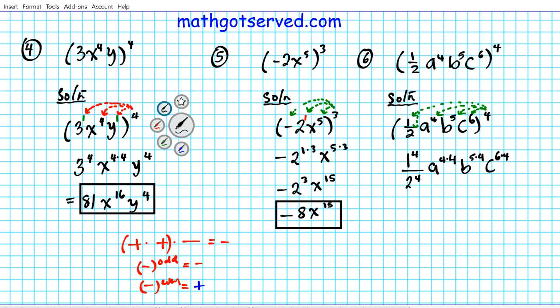If we simplify that, 1 raised to the 4th power is just 1, 2 raised to the 4th power is 16, and then times a raised to the 16, b raised to the 20, c raised to the 24th power. Okay, and there goes your answer for question number 6.